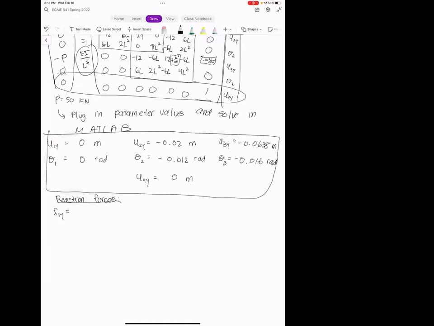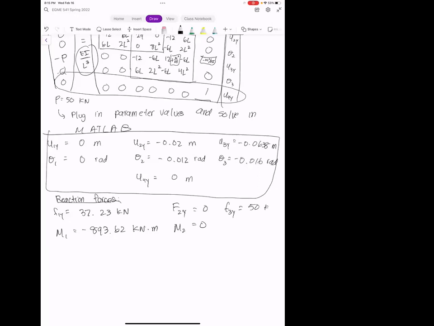Okay, so we have the reaction forces. F1y is 37.23 kilonewtons. M1 is minus 893.62 kilonewton meters. F2y and M2 are both 0 because there are no supports and no loads there.